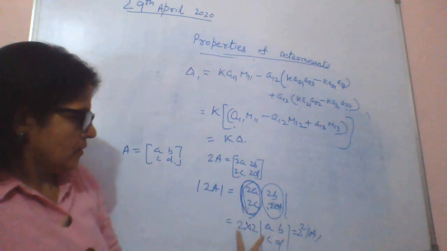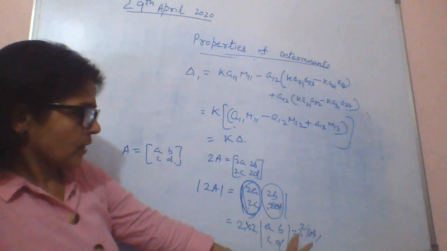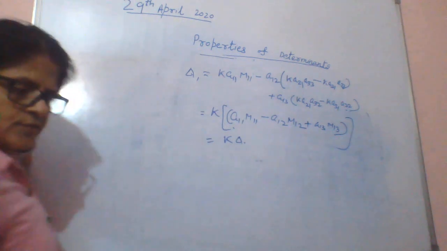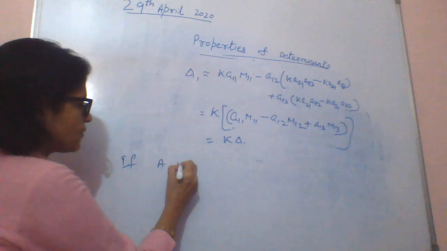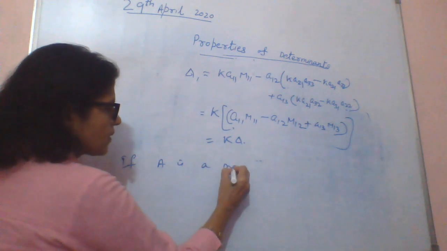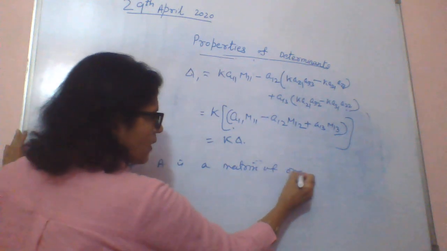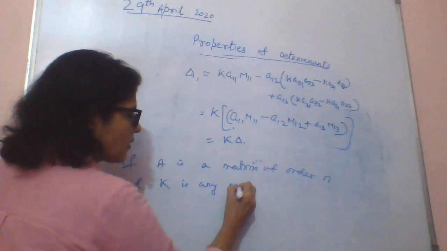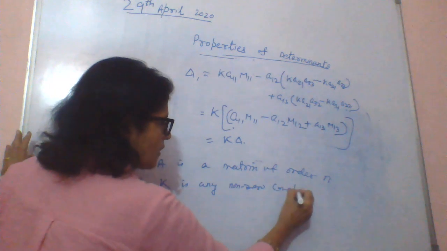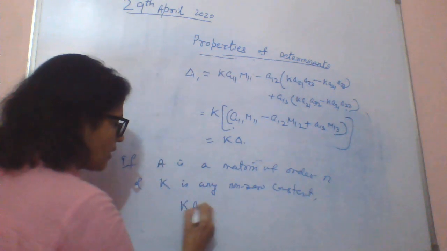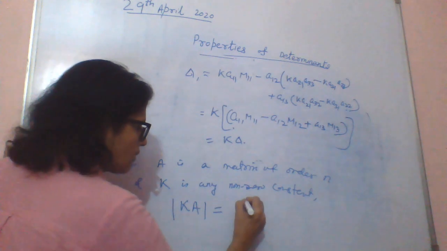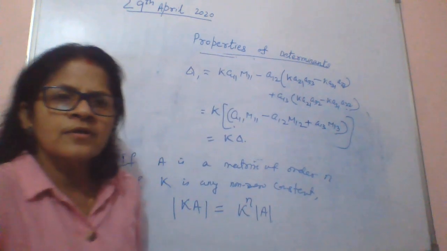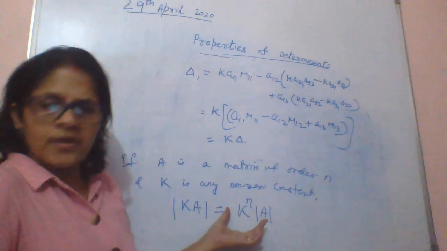So if I write here KA, it would be K cube into determinant of A. Or in general, if A is a matrix of order n and K is any non-zero constant, determinant of KA equal to K to the power n into determinant of A. So it is one of the very important results, maybe from the point of view of questions carrying 1 mark.